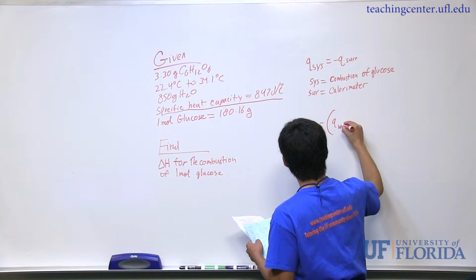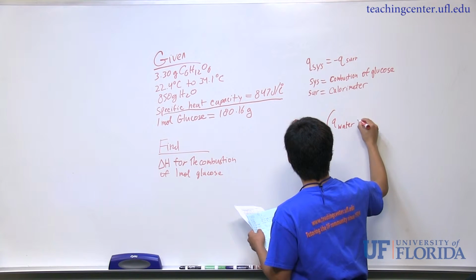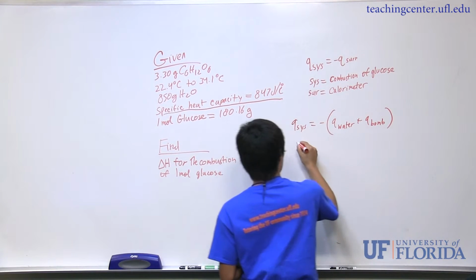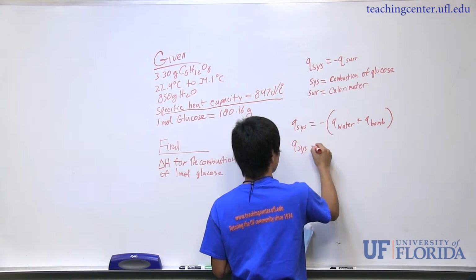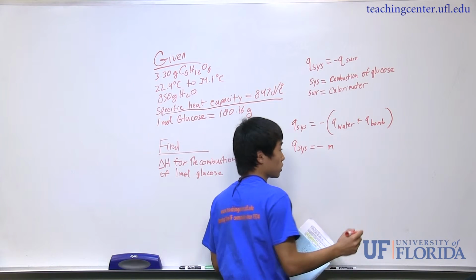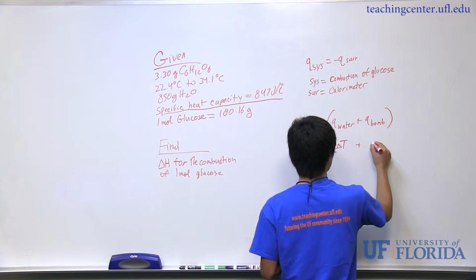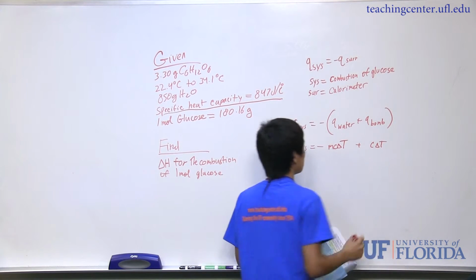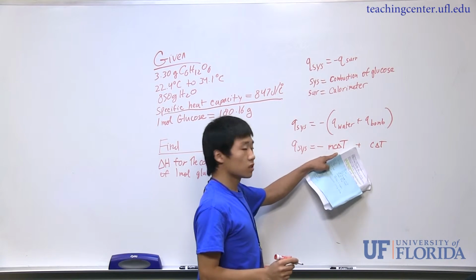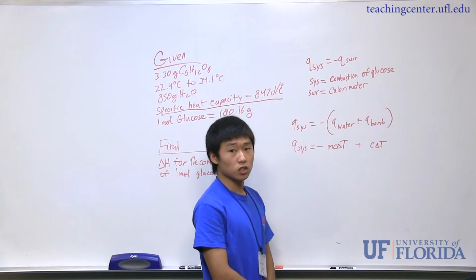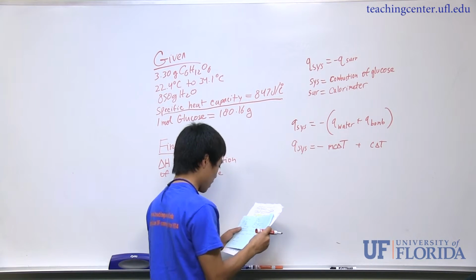Q water plus Q bomb. And that means Q system is going to equal negative, as my teacher would say, MCAT plus CAT. So M is for mass, C is for specific heat capacity, and delta T is the change in temperature, which you all have, guys.